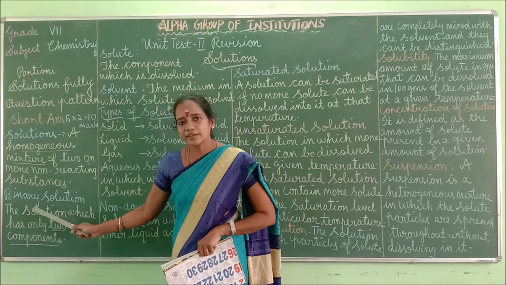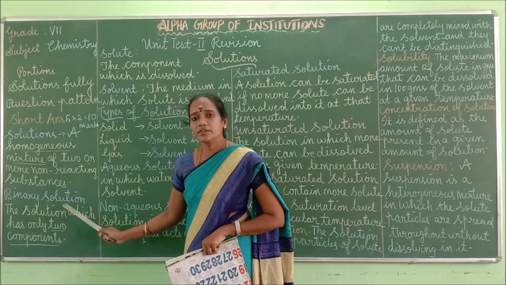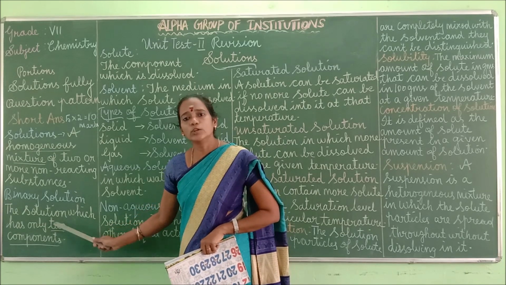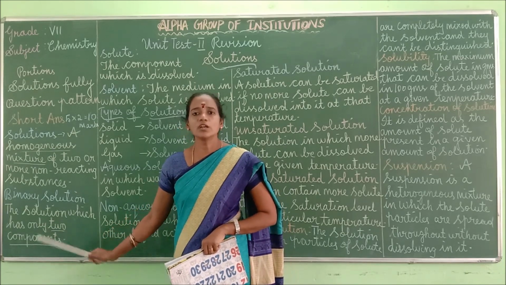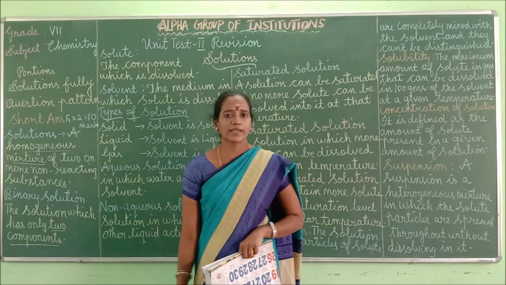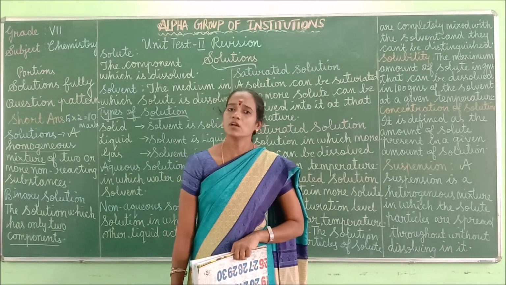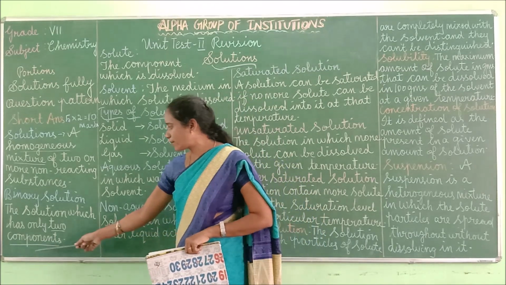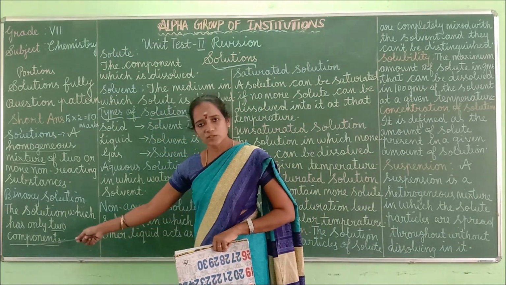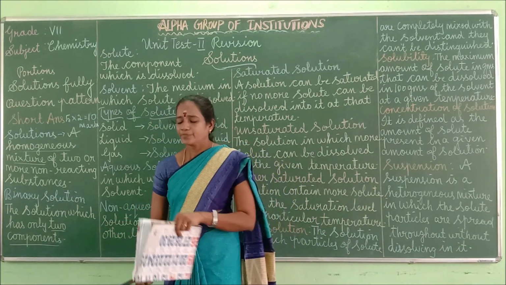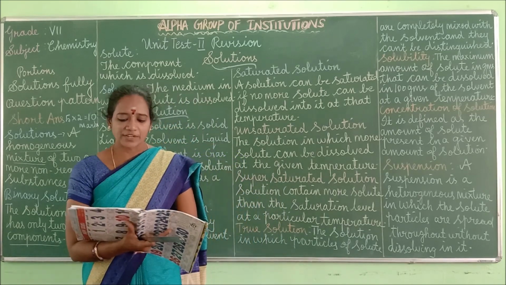What is meant by binary solution? The solution which has only 2 components is called a binary solution. You have to complete it: are called binary solution. Right? Okay.